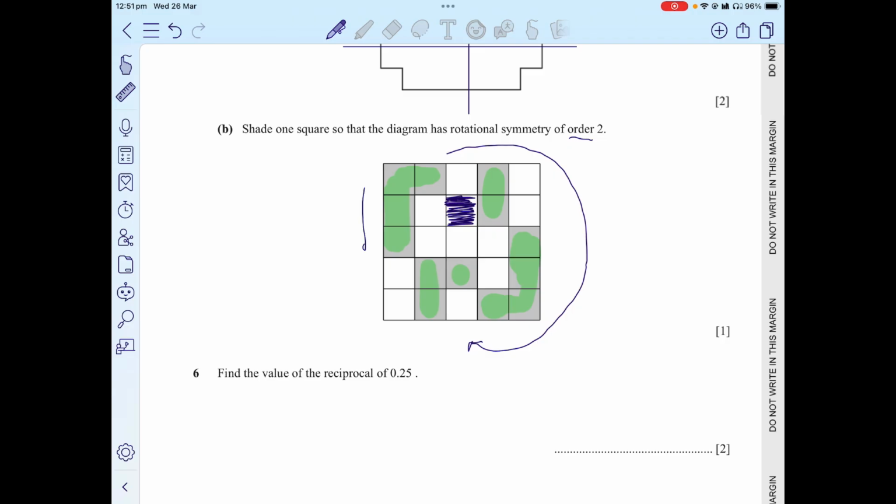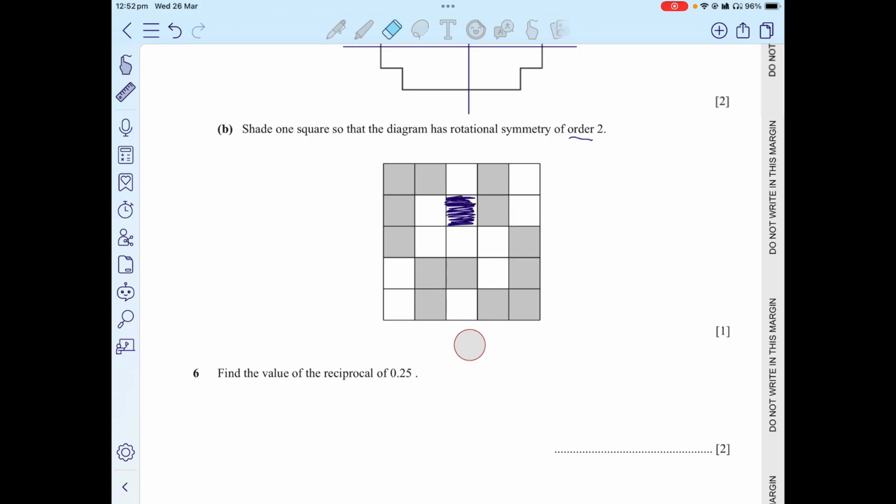All of this part would rotate and come to this side, and the two bars would come to this side. And the one square that I have shaded would come exactly over there. So that's why we choose this square. And this question is completely dependent on your practice.